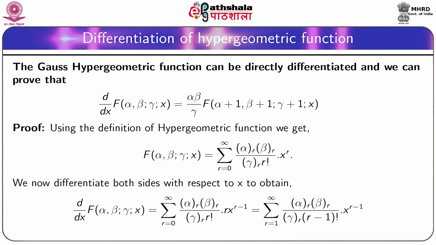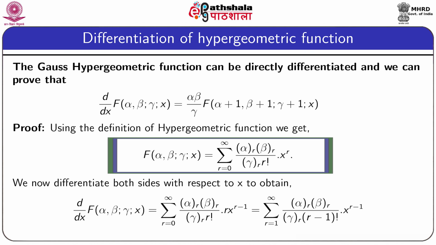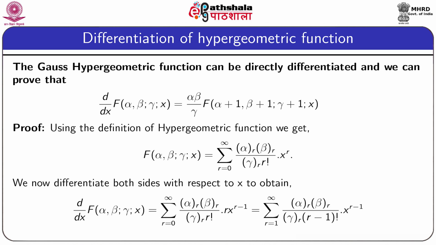We use the definition of hypergeometric function and we get f of alpha beta gamma x is equal to summation r equal to 0 to infinity alpha r beta r divided by gamma r into r factorial into x to the power r.